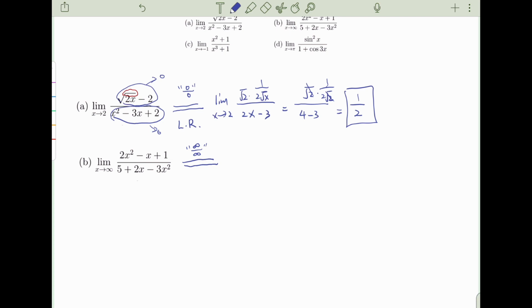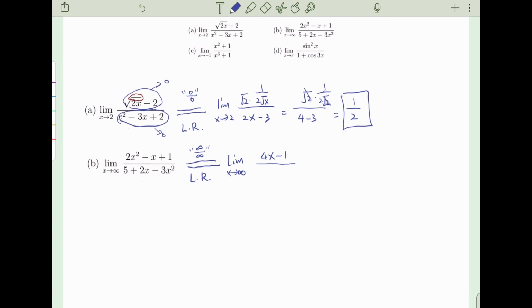And now we are allowed to use the L'Hopital rule. So by doing that, I can write this as x goes to infinity, but now I replace the numerator by the derivative of the numerator, which is 4x minus 1, divided by negative 6x plus 2, right?